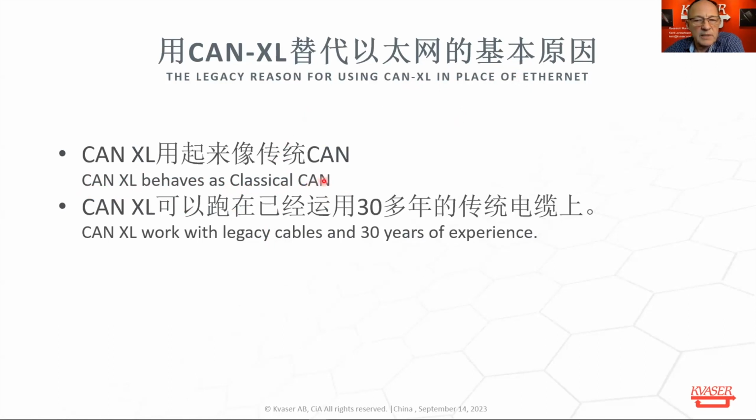If you don't change the bit rate, they will work the same. And this means that CAN-XL can rely on 30 years of experience in your development department, service organization, and your suppliers of products.